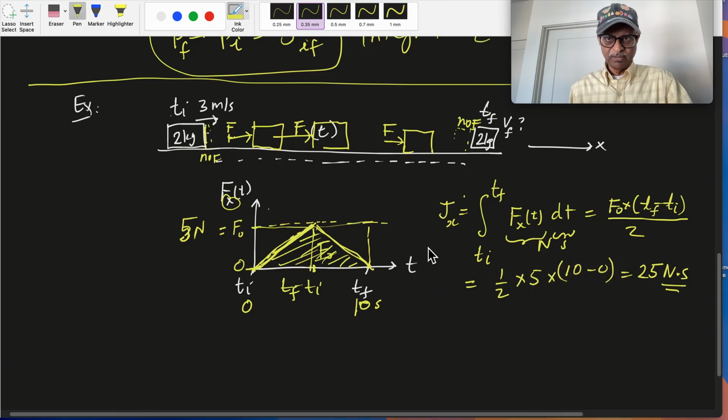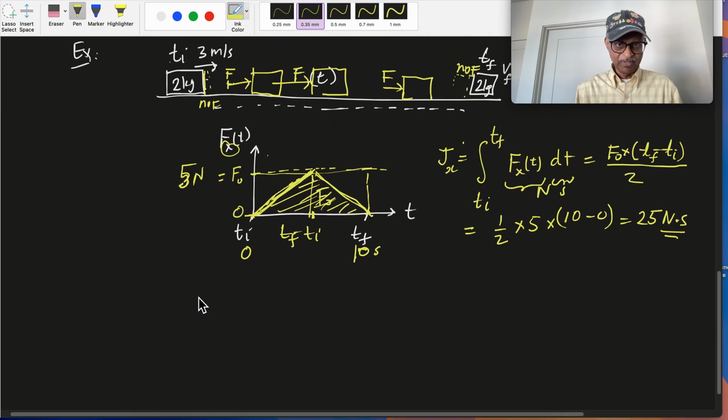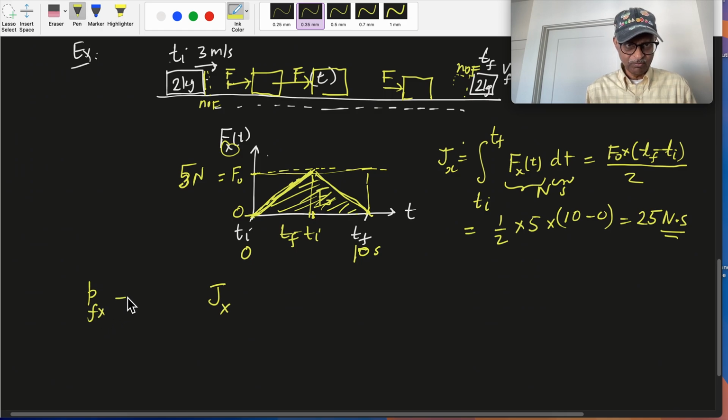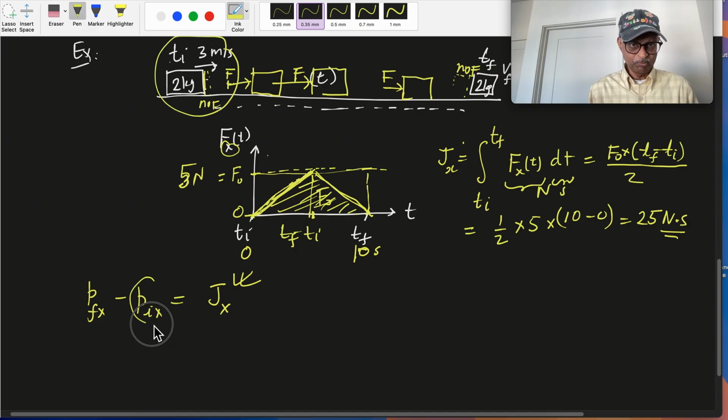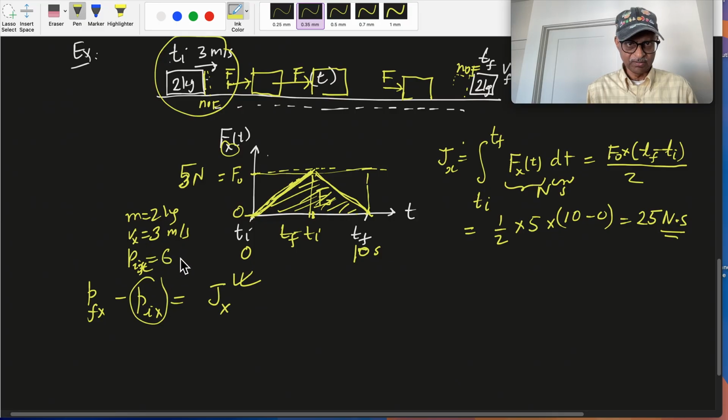So this must be equal to the change in momentum. So Jx would be P final x minus P initial x. That's the law, so this we figured out. Initially, Vx is 3 meters per second and m is 2 kilograms, so P initial x is 6 kilogram meter per second.